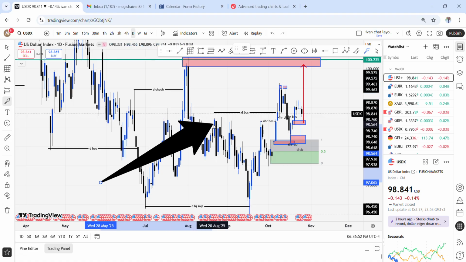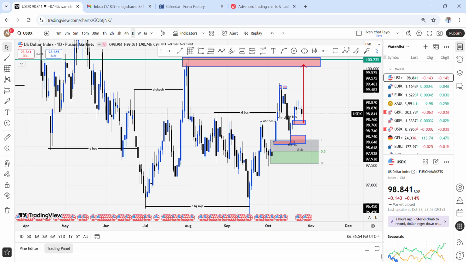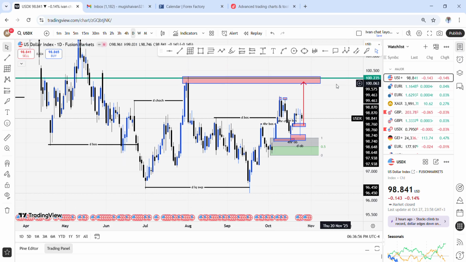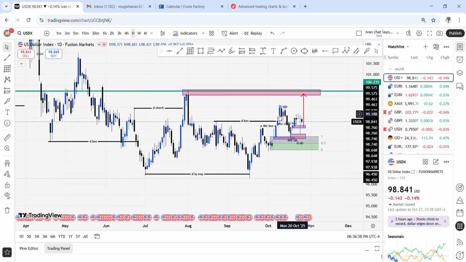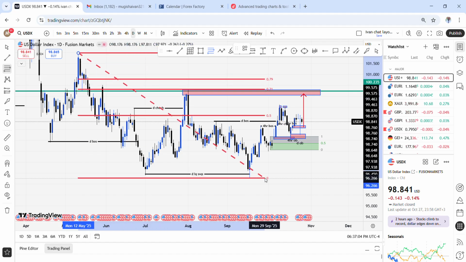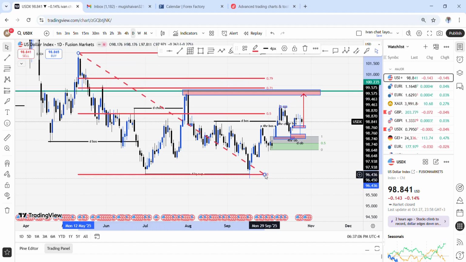And after that, what do we see? When we get a change of character, we see that there is this sell. When I draw my Fibonacci tool from around this zone to this lower low, we see that the market was about to tap into our crucial level, 0.79, 0.71, but it didn't touch.